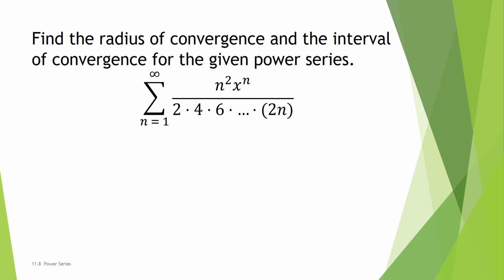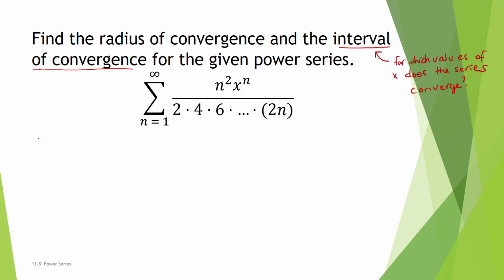You work with it the same way you might work with a factorial by leaving it all written out. But notice, because we are not multiplying together each integer from 2 up to 2n, this is not actually a factorial. To find the interval of convergence, we want to know which values of x make this series converge.